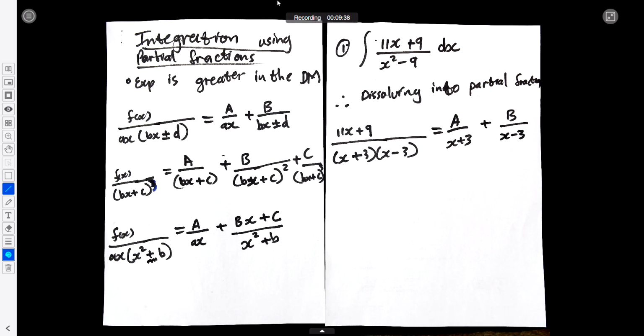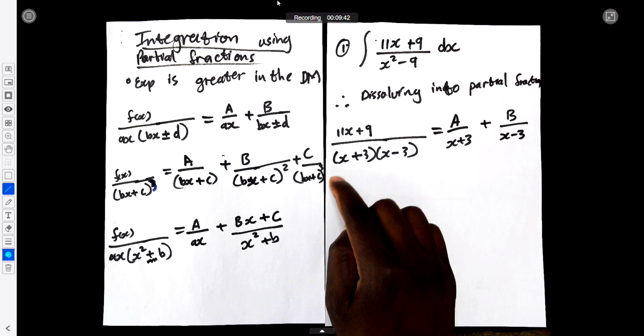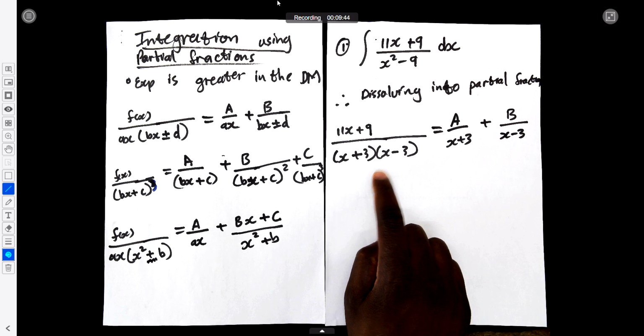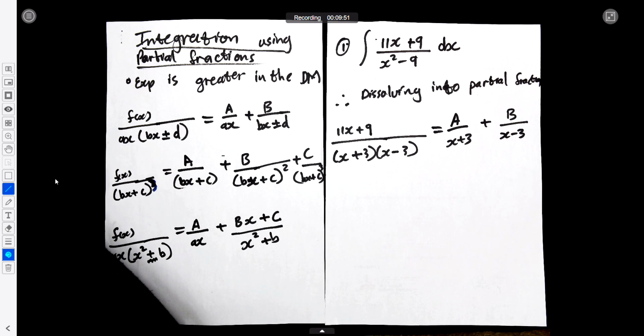So when you have done that, we are going to multiply throughout the right hand side and the left hand side by x² − 9, or by (x + 3)(x − 3). So in this factor, it must be multiplied by the denominator.